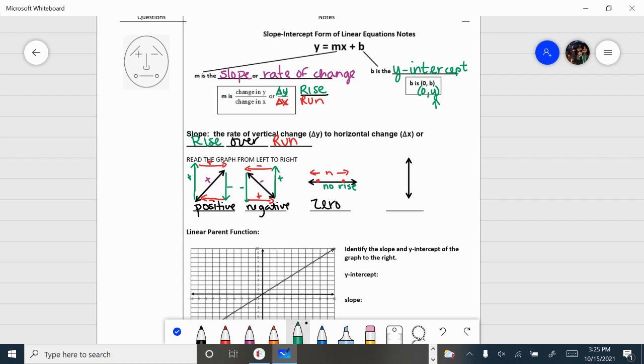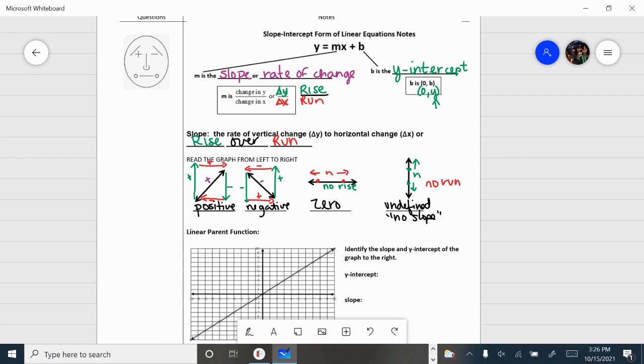With our vertical lines, we have a rise, however many units you count. Okay. But there's no run. So when we do rise over run, we get something that is undefined. Okay. We also call this no slope. All right. So those are our different types of slope.